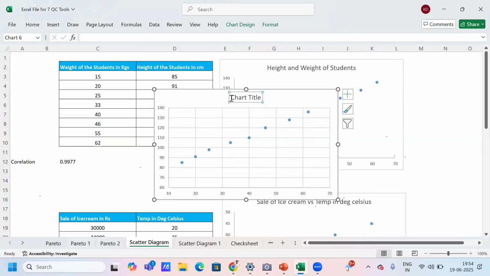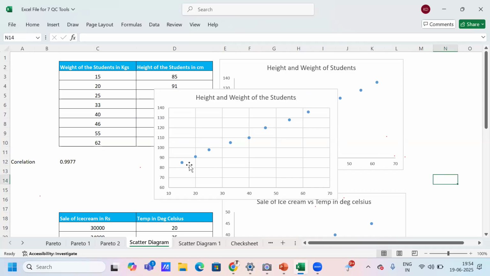You can put the chart title, height and weight of the students. So now this is the scatter diagram.